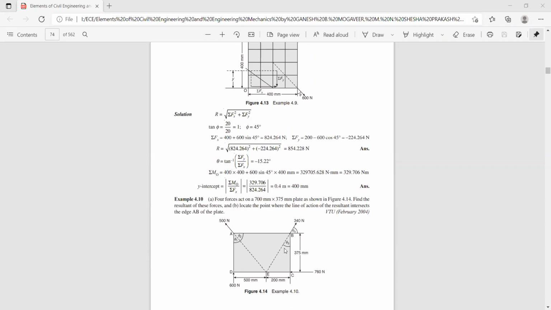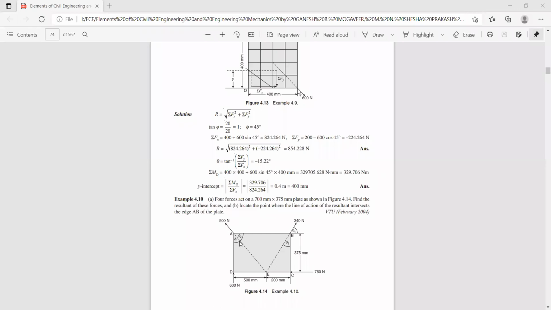So I think you consider this as theta 1, okay? Tan theta 1 is 200 divided by 375. Theta 1 is tan inverse 200 by 375. So tell me this angle and this angle.